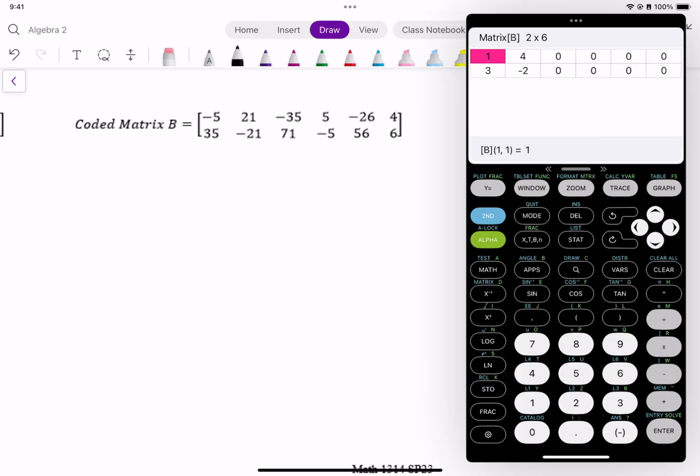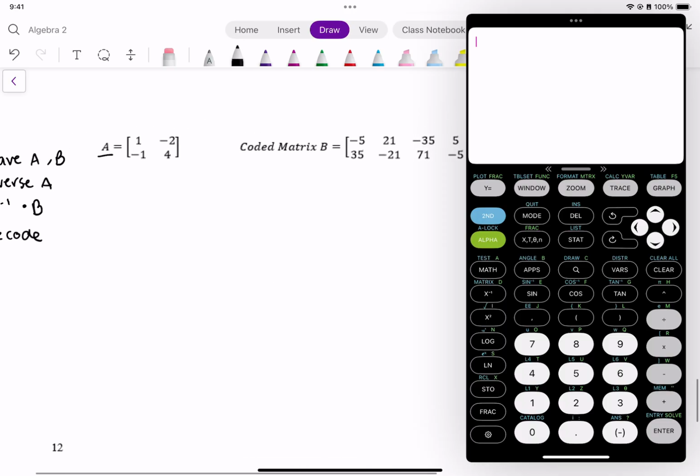Okay, so we have -5, enter, 21, enter, -35, enter, 5, enter, -26, enter, 4, enter, 35, enter, -21, enter, 71, enter, -5, enter, 56, enter, 6, enter. There we go. So all of them saved.